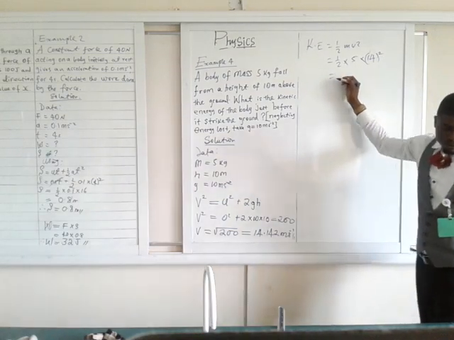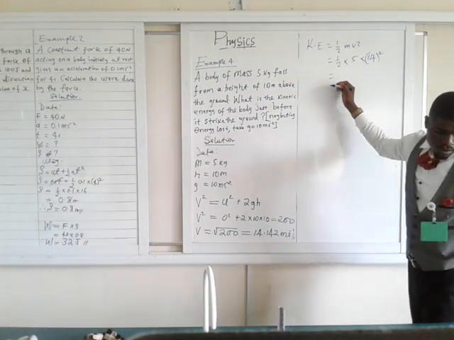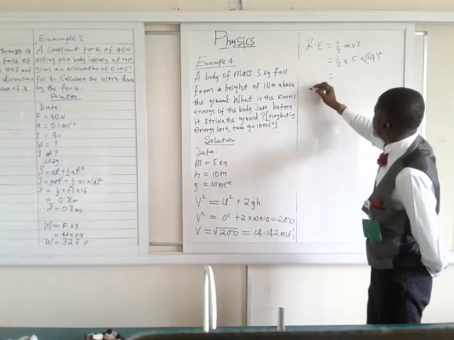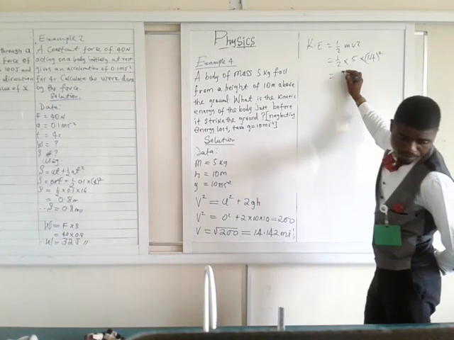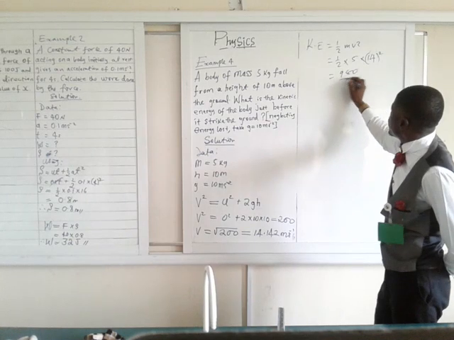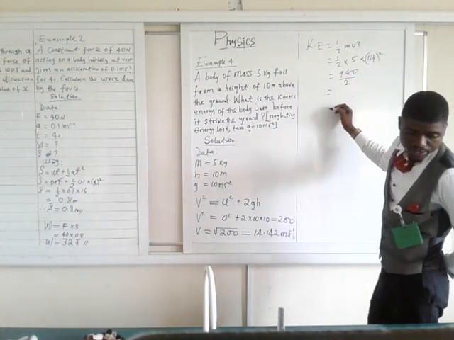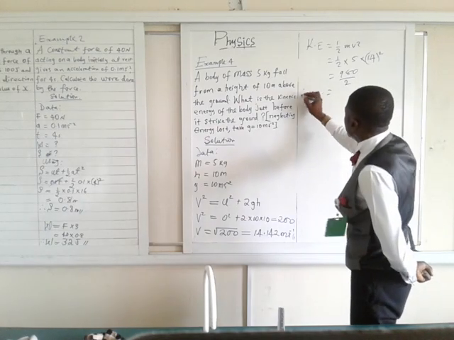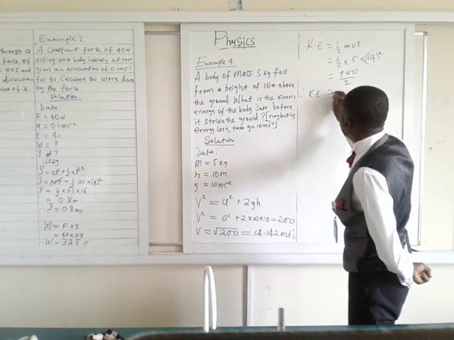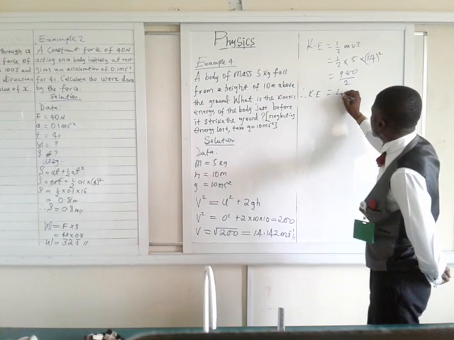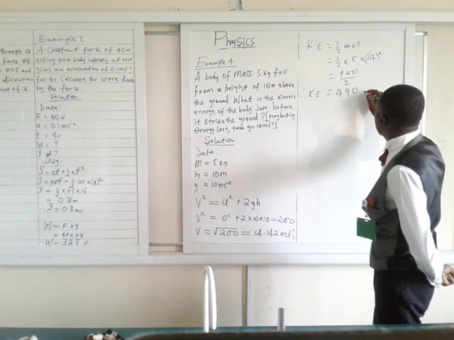So what do you have? You have 980 over 2, and so our kinetic energy, therefore, our KE is equal to 490 joules.